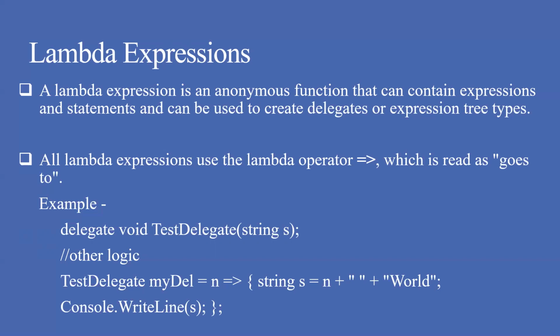You can see n goes to, then you write the logic, the code block which you want to execute, and you print inside that code block the value of string s. So lambda expressions are a shortened version, where we have to write less code compared to normal delegate instantiation or anonymous methods.